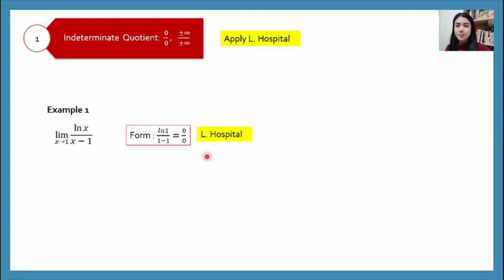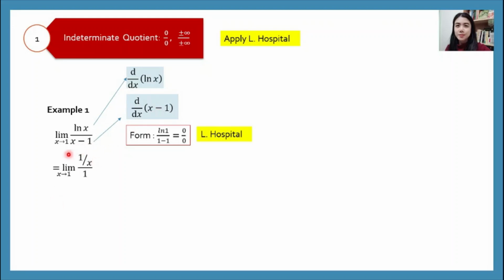So we're going to apply L'Hopital rule. How to apply L'Hopital rule is actually very easy. You have to differentiate the numerator and the denominator. If you differentiate ln x, you will have 1 over x. If you differentiate x minus 1, you will have 1 only.